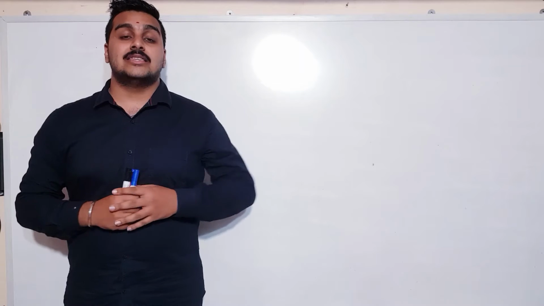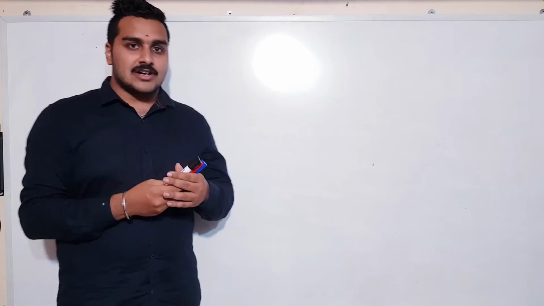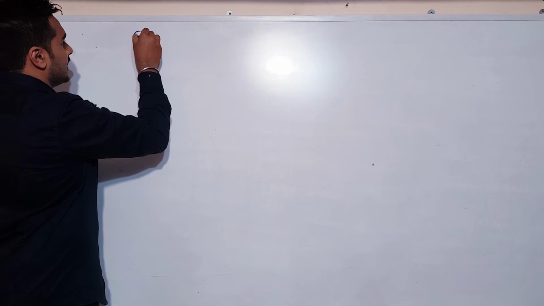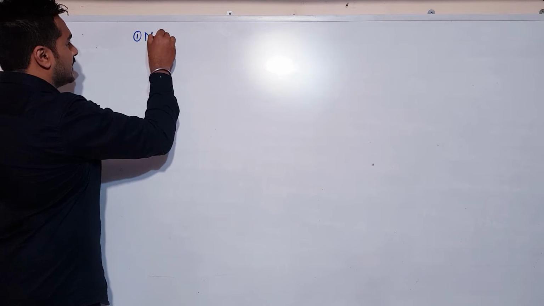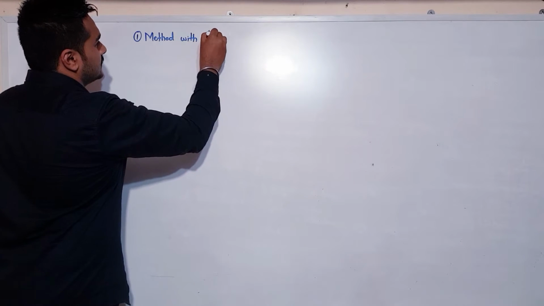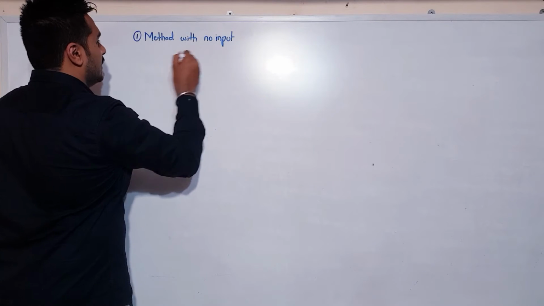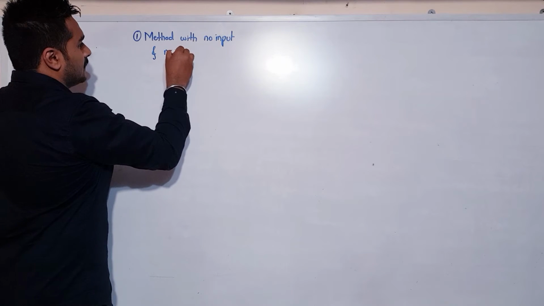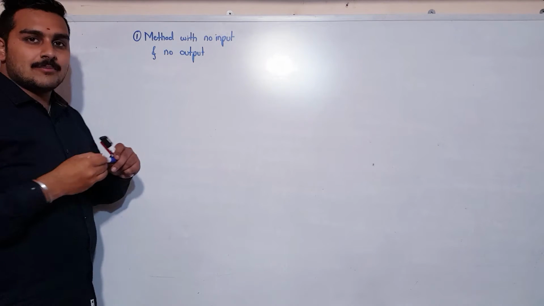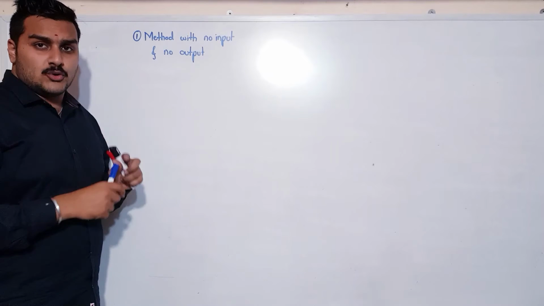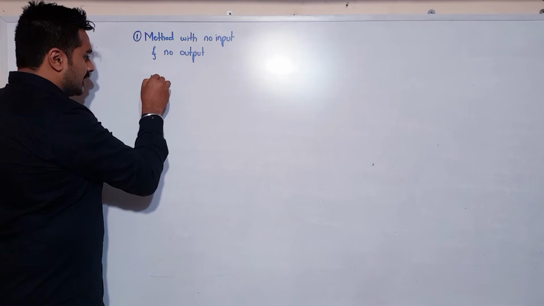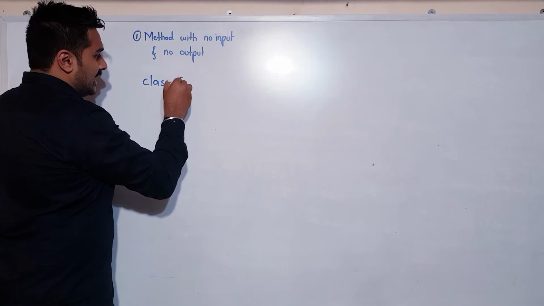Now, let us understand the first type of method. What is the first type of method? The first type of method is method with no input and no output. What am I going to do here? It's quite simple. I'll write one class, class Calculator.